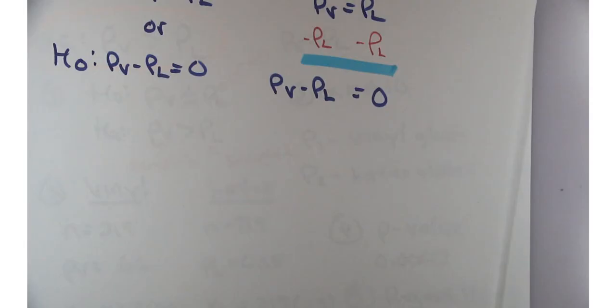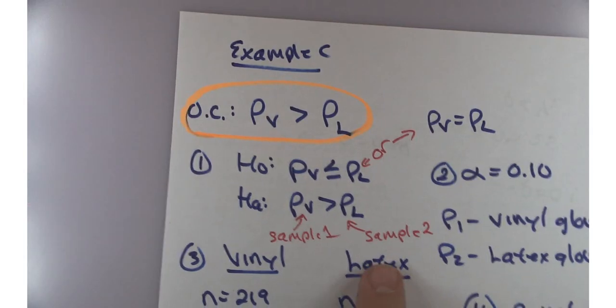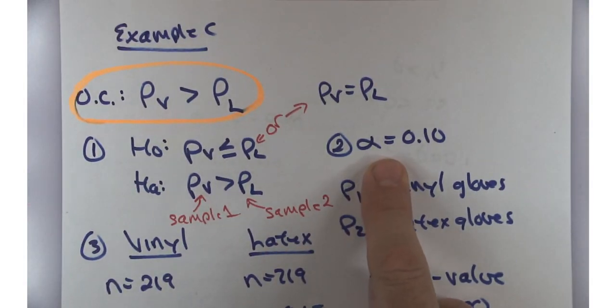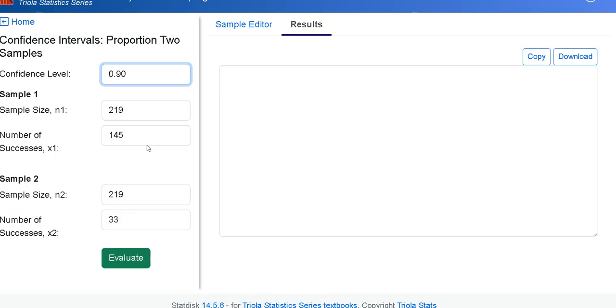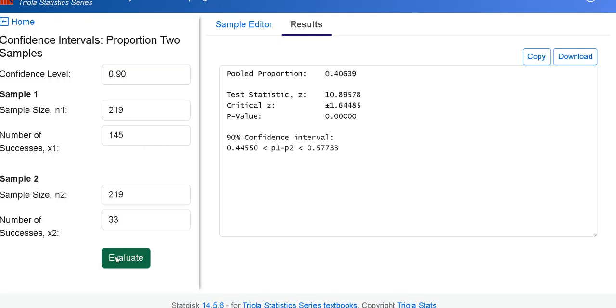Let's take a look back. We had alpha as 10%. So what's that mean my confidence level is if alpha is 10%? 90. So we'll do a 90% confidence interval there. And bam, there's our 90% confidence interval.